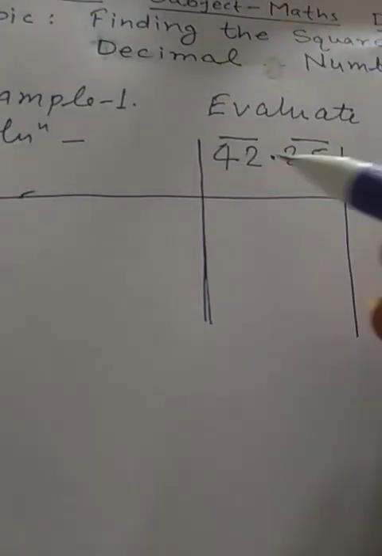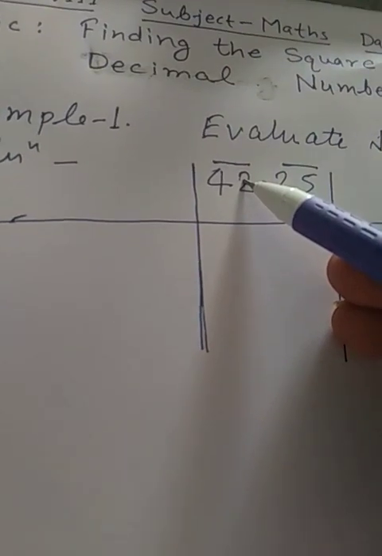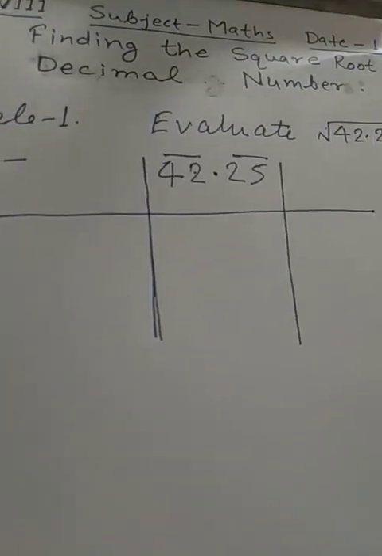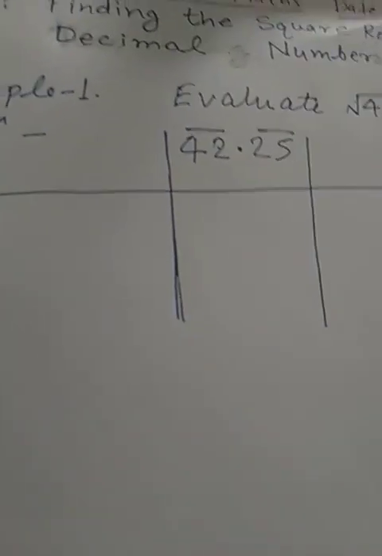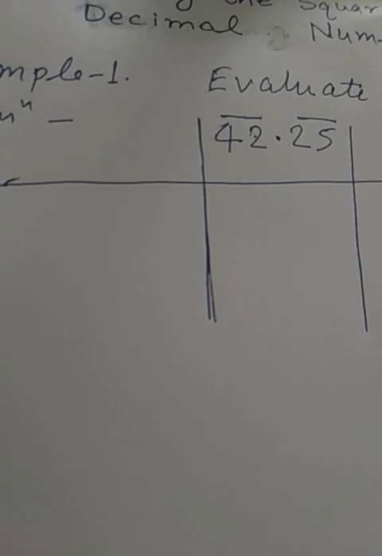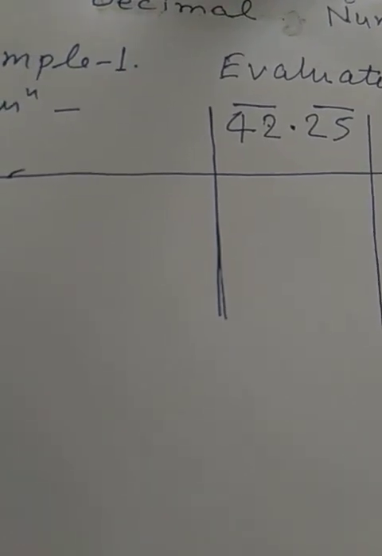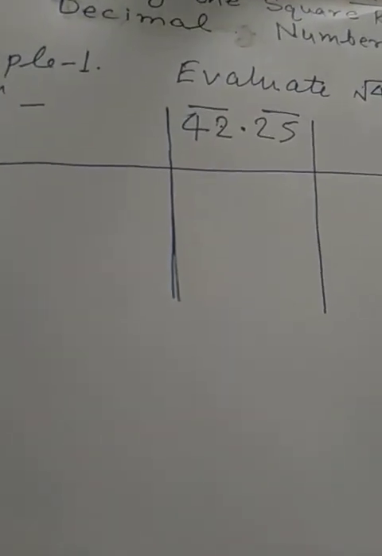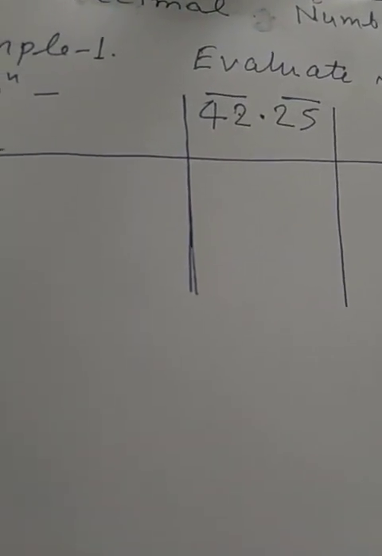Now this is 42 and we have to read the table: 2 2s are 4, very less; 3 3s are 9; 4 4s are 16; 5 5s are 25; 6 6s are 36; and 7 7s are 49.